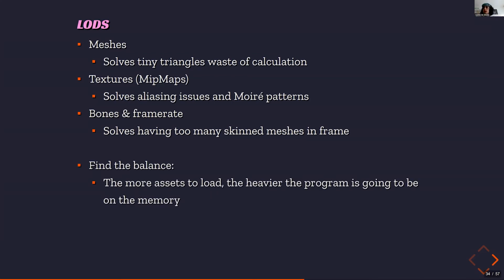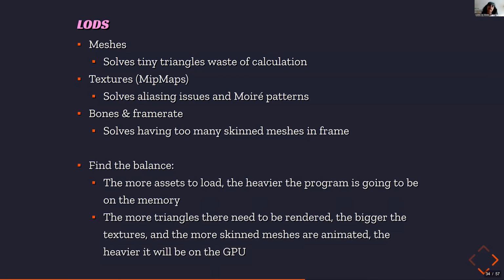But you have to find the balance, and this is very technical stuff, but if you understand at least the principle, it's fine. The more assets you have to put into the game, so all the versions with the LODs, all the textures with the mipmaps, all the different skeleton targets, it will be heavier on the memory of the machine.